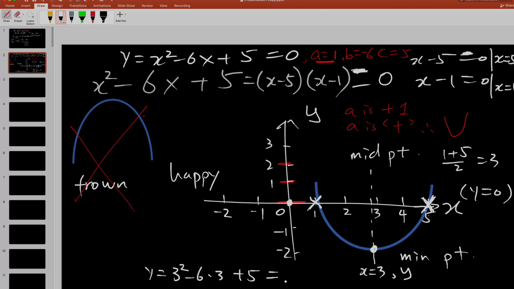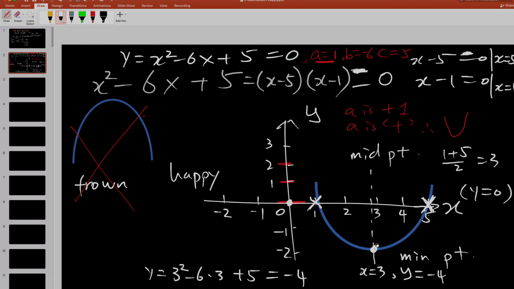Give it to me. Show me. -4. Correct. Use the calculator, okay? Answer is -4. So therefore, this is y equals to -4.